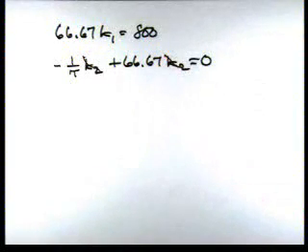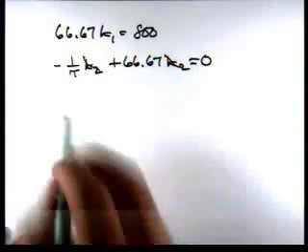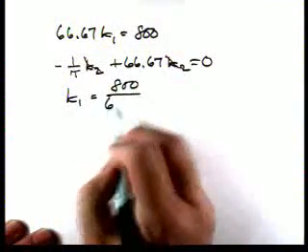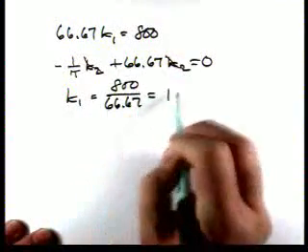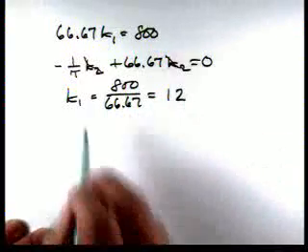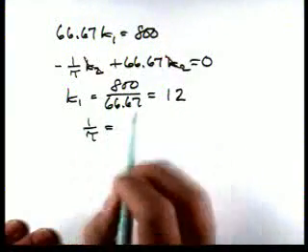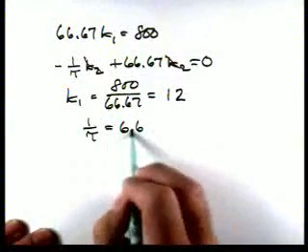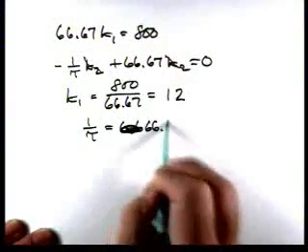If we solve for our values here, we have K1 is 800 divided by 66.67, which is 12. And we notice that 1 over tau is 66.67.